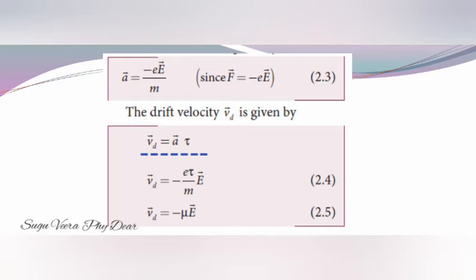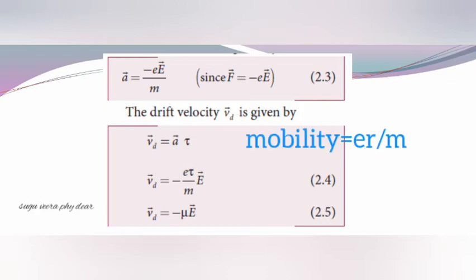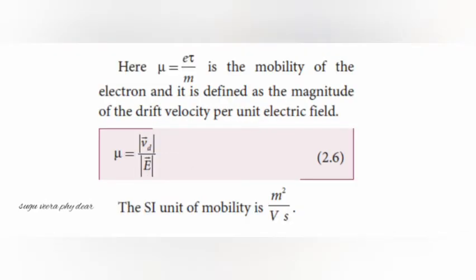Then substitute the value of a in the drift velocity: Vd = -eE tau divided by m. Rearranging the constant value, -e tau divided by m, this value is mu, the mobility. So drift velocity Vd = -mu E, where mu is mobility, E is electric field, Vd is drift velocity.